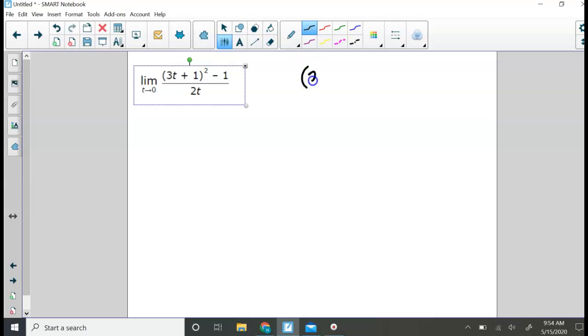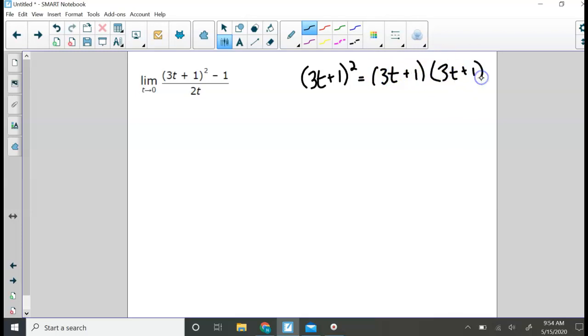So remember that 3t plus 1 squared, that is 3t plus 1 times 3t plus 1. So you got to distribute there. Or I am actually just going to square, double square for that. And I should have plugged in that 0 to make sure you get 0 over 0, but you do get 0 over 0.